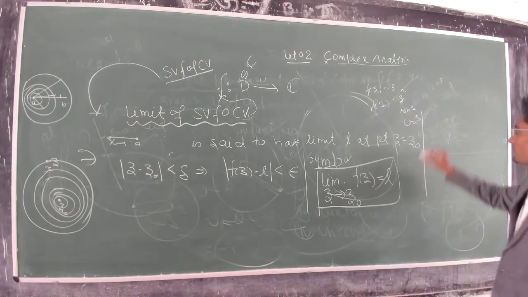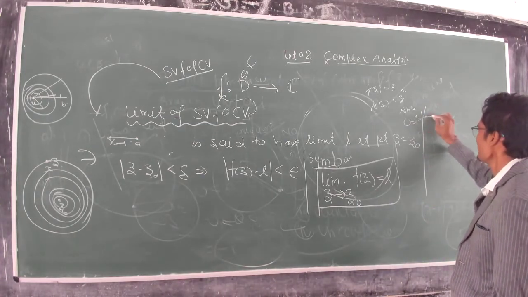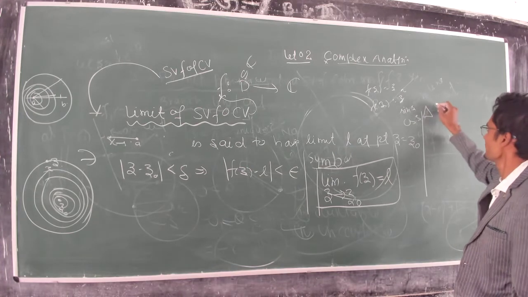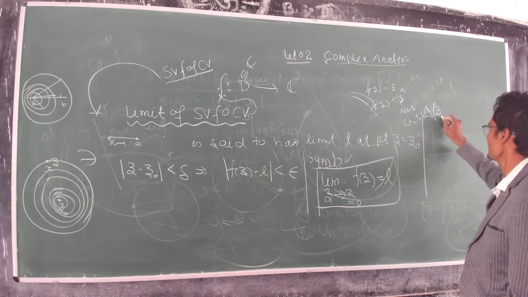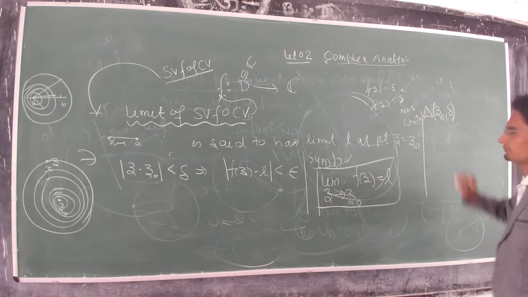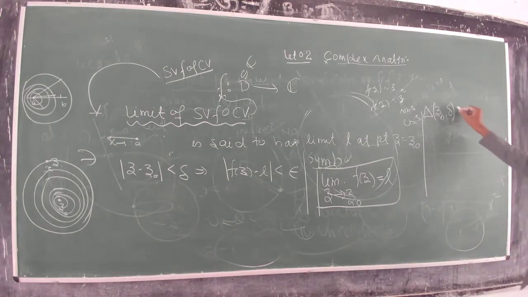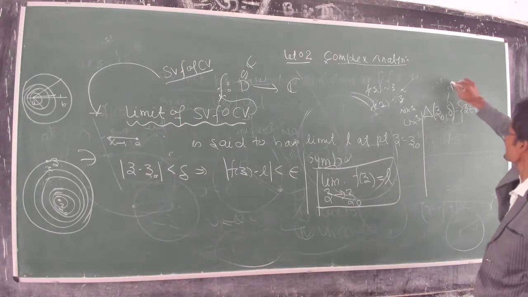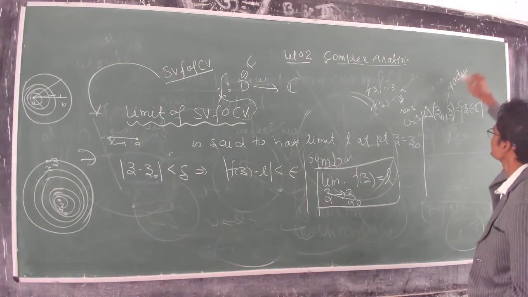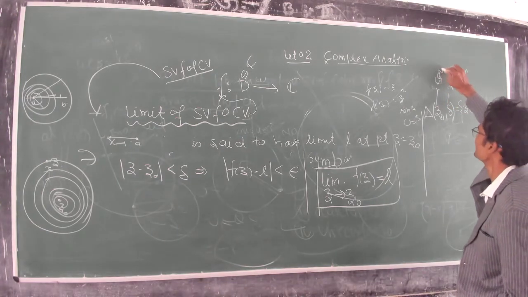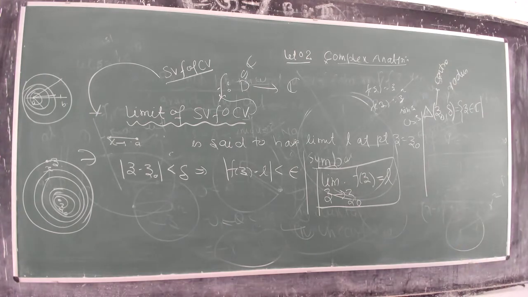One more symbol I am writing here. Whenever I write like this, z naught and radius delta, this is the collection of all those complex numbers such that this will be the radius and this will be the center. So it is the collection of all those complex numbers such that the distance |z minus z naught| is less than delta.